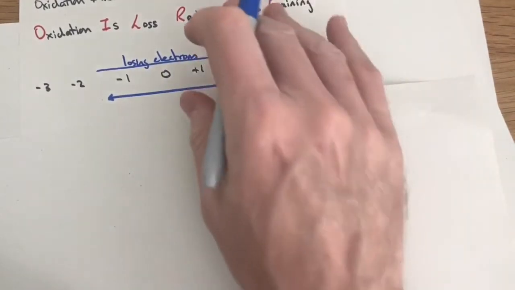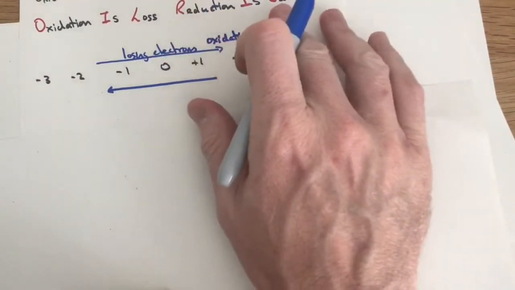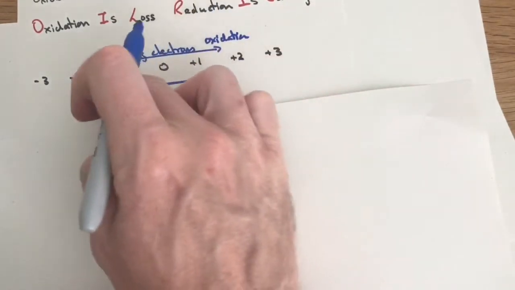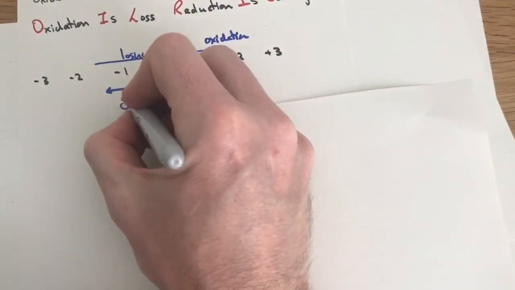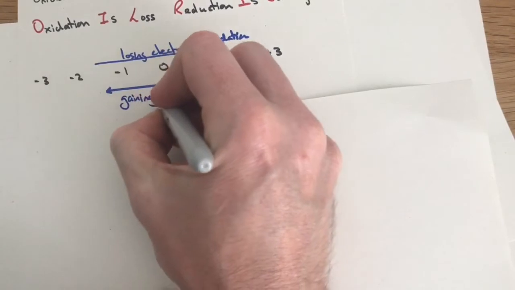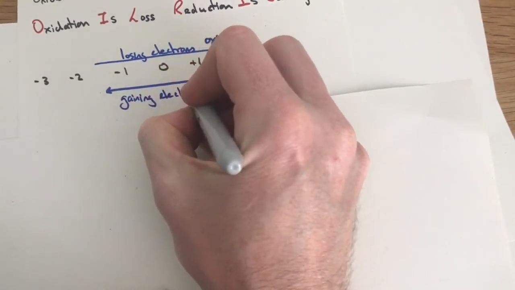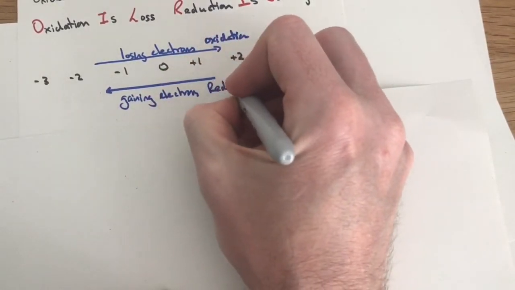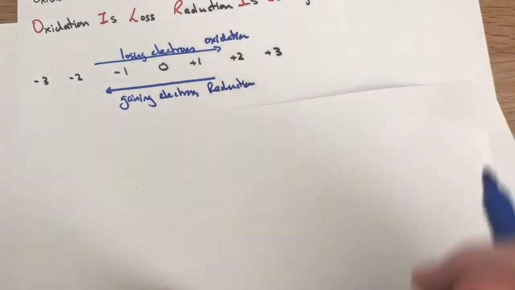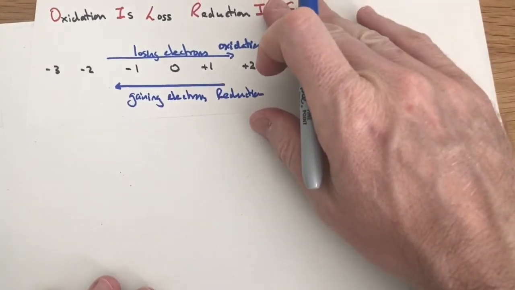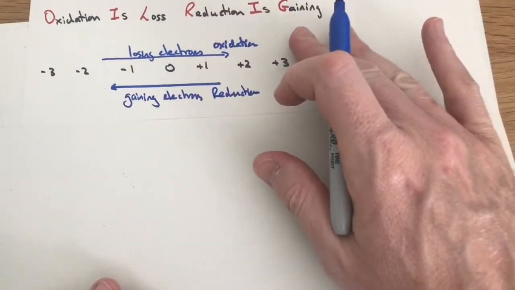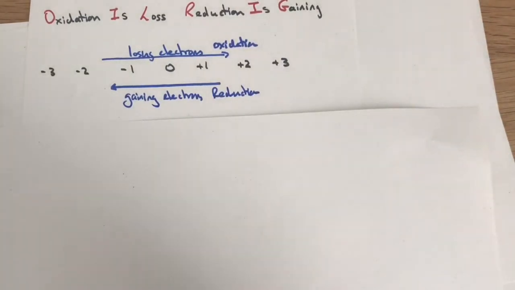I'm becoming more positive. If I gain electrons, then I'm going to become more negative. So this way is all about gaining electrons, and therefore this process is reduction. So we've got two steps in this method that we need to understand, all about oxidation and reduction.